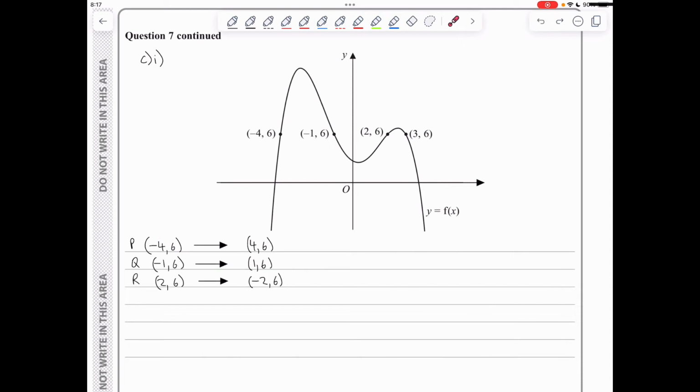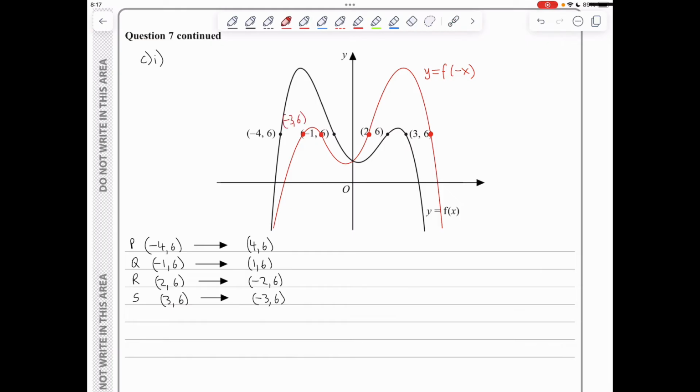R will go to -2, 6. And S will go to -3, 6. So if I reflect the given curve along the y-axis, so this will be a line of symmetry, we expect to see something like this, with the points being here. The point on the left hand side over here will be -3, 6.